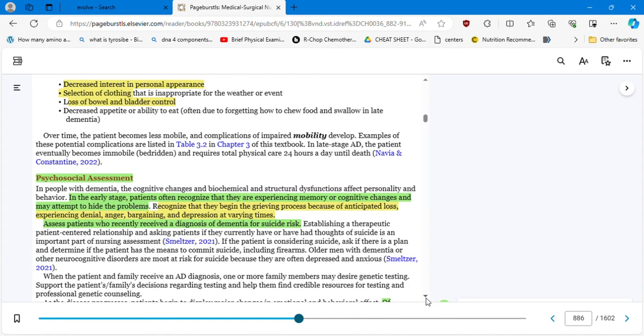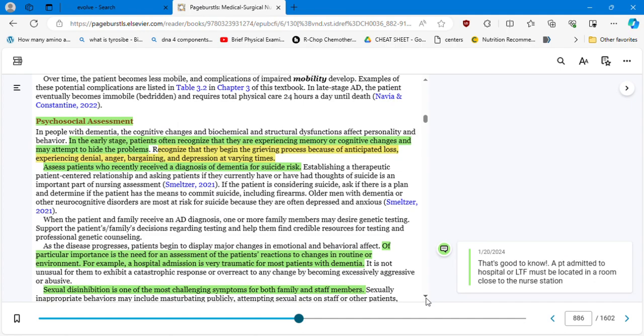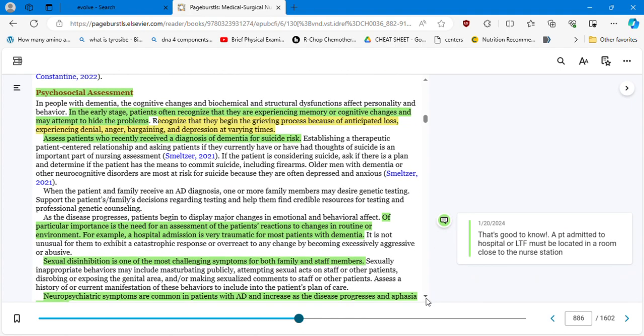Okay, psychosocial assessment. In the early stage, patients often recognize that they are experiencing memory or cognitive changes and may attempt to hide the problems. So the patients know what they are going through and recognize that they begin the grieving process because of anticipated loss, experiencing denial, anger, bargaining, and depression at various times.